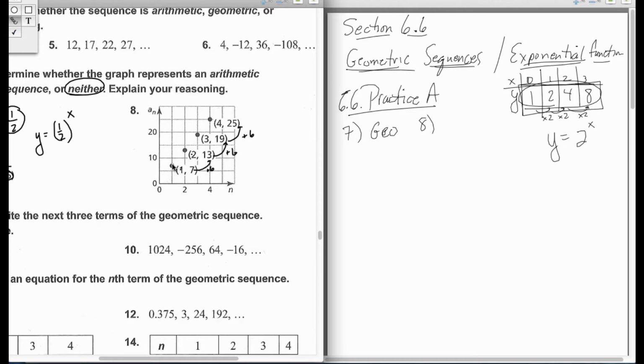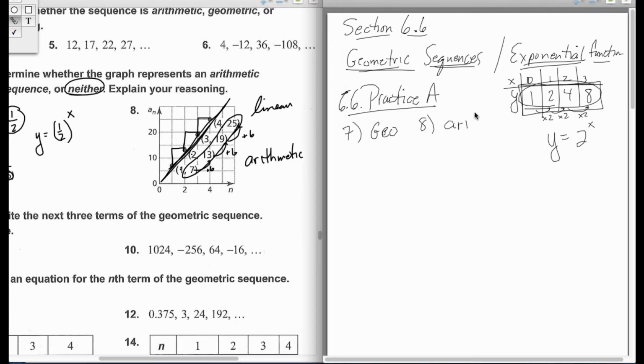So here you're going up 6 every time you go over 1. That has a consistent increase or a consistent slope. That is linear, and the sequence of y values here would be called an arithmetic sequence. Okay? So this is arithmetic.